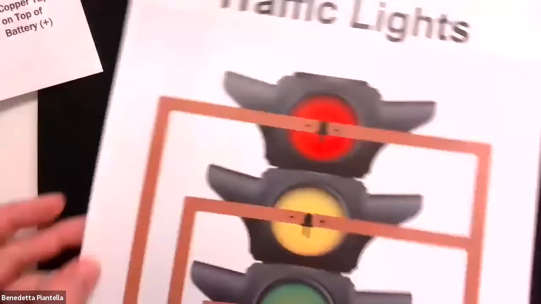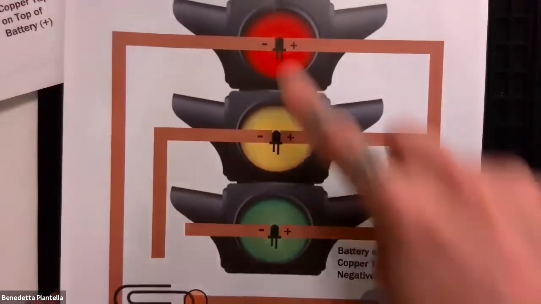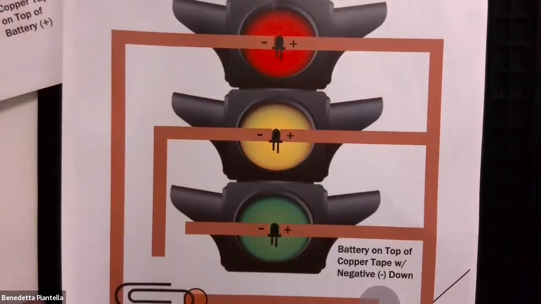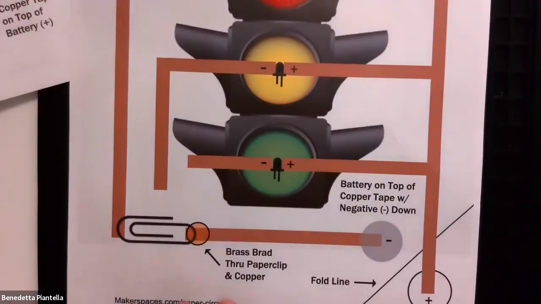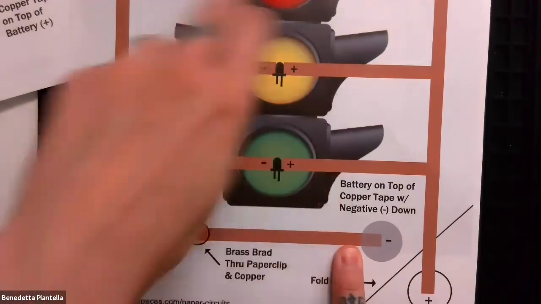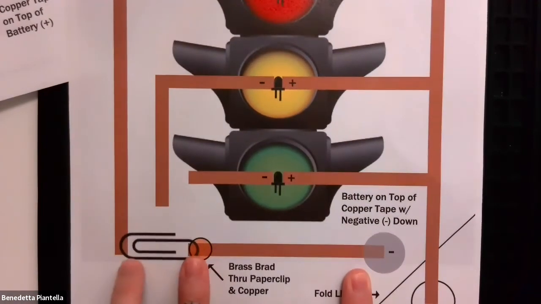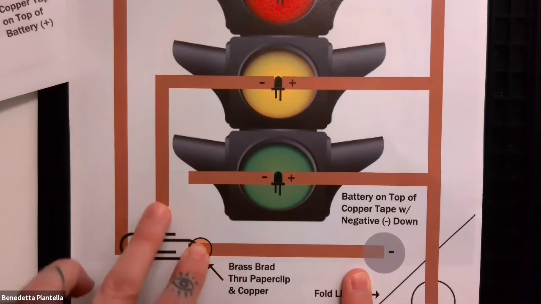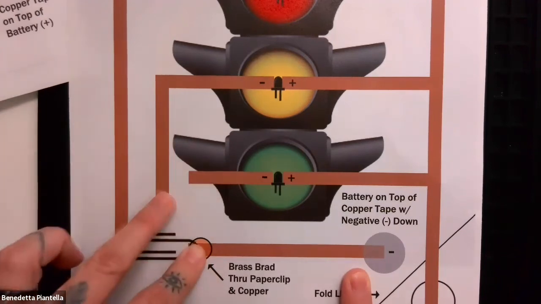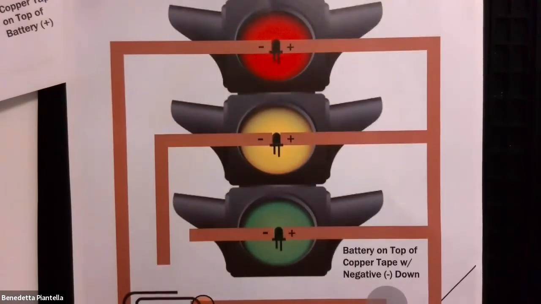And then they have some really cool examples where if you had three different color LEDs, you could create a little traffic light. You could use a piece of conductive material to close whichever path you want to turn on the green or the yellow or the red light.